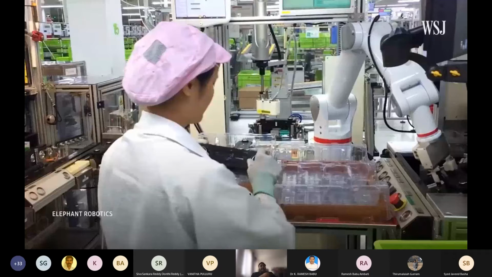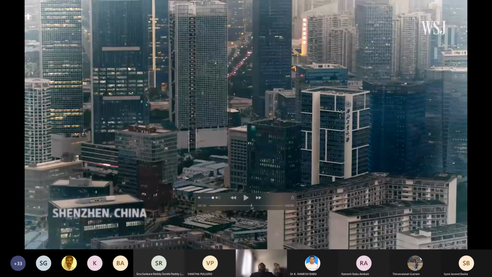And in this screenshot of the video, the human is working very near to the cobot, which means we are able to bring the robot or cobot, whatever it may be, into our lives more closely than earlier.